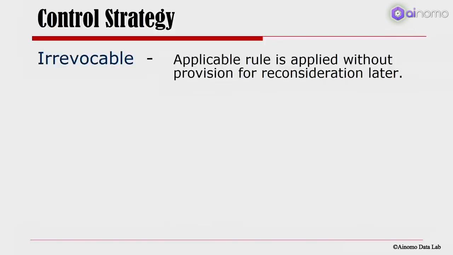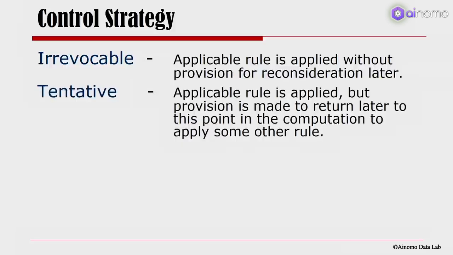So in irrevocable control strategy, an applicable rule is applied without provision for reconsideration later. Whereas in tentative, an applicable rule is applied, but provision is made to return later to this point of computation, where we could apply some other rule.